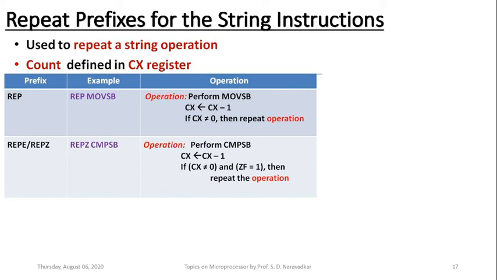If that count is not equal to 0 and still that zero flag is equal to 1 even after the second comparison, then only go back and carry out the third comparison. It means that the condition imposed here is not only that the counter reaches 0 but additionally the zero flag is set to 1 after comparison of the corresponding source and destination bytes.